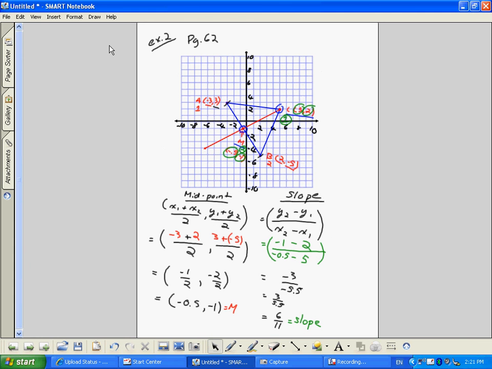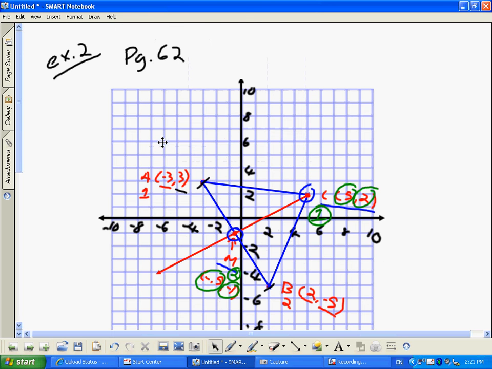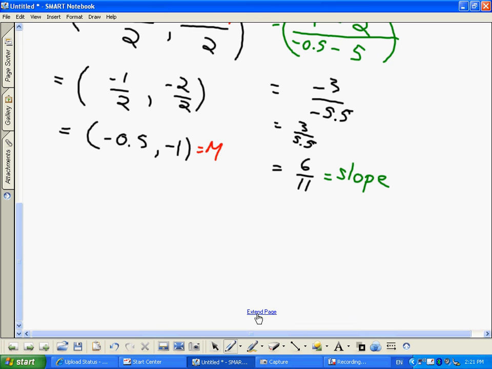The last part that we're going to need to figure out is what the question asked. The question asked for an equation of a line. So we had our midpoint, we had our slope. Because this is a line, our linear equation is y equals mx plus b.